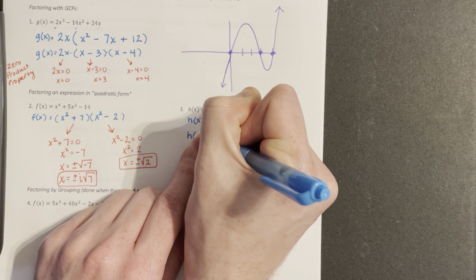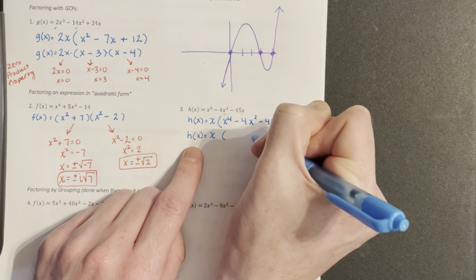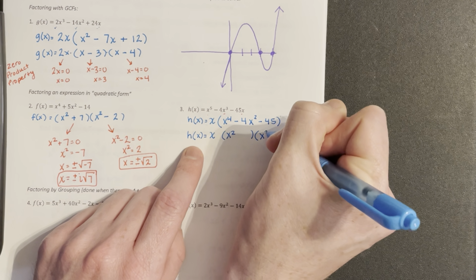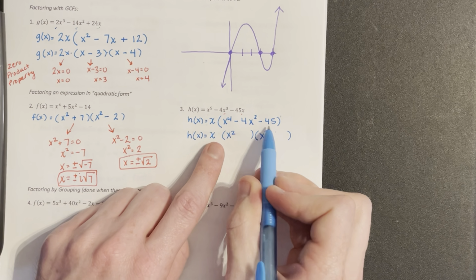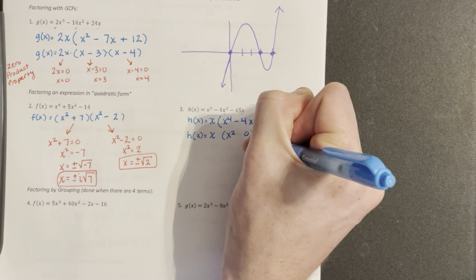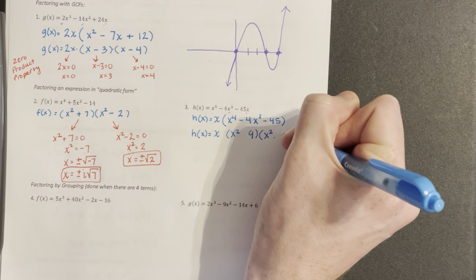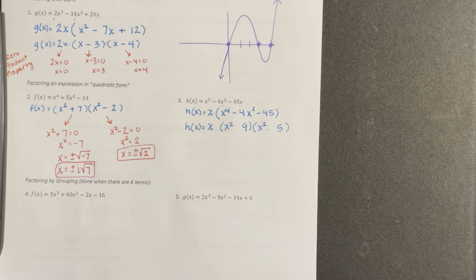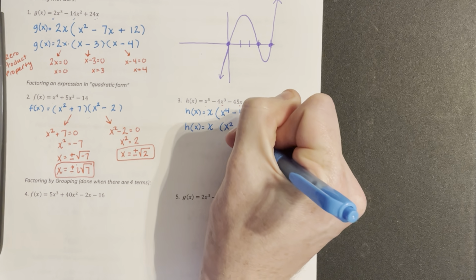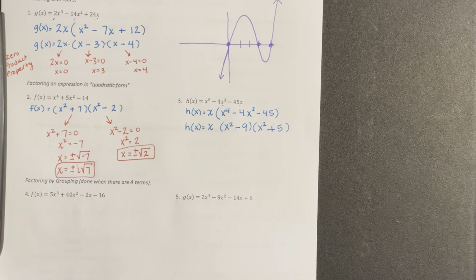And I can continue factoring that trinomial into x squared times x squared. That gave me the x to the 4th, and then I need factors of 45. So factors might be 9 and 5. 9 times 5 does give me 45, and I need them to combine to give me a negative 4x squared. So this was a negative 9 and a positive 5. That would work.